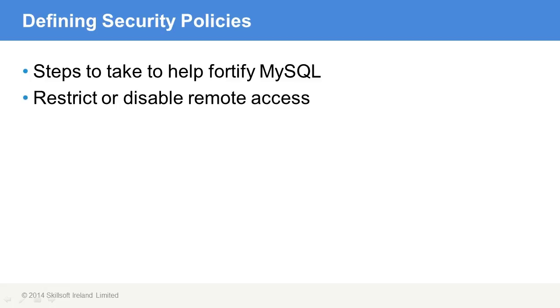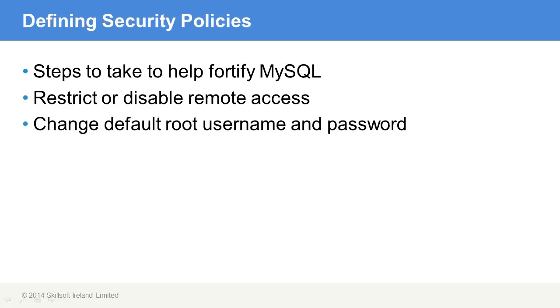Things like restricting or disabling remote access to the servers themselves. Obviously, in some cases it is required, but you always want to make sure that it's, again, only those who require it. So anyone else, simply don't give them remote access to the servers. You definitely want to change the default root username and password.